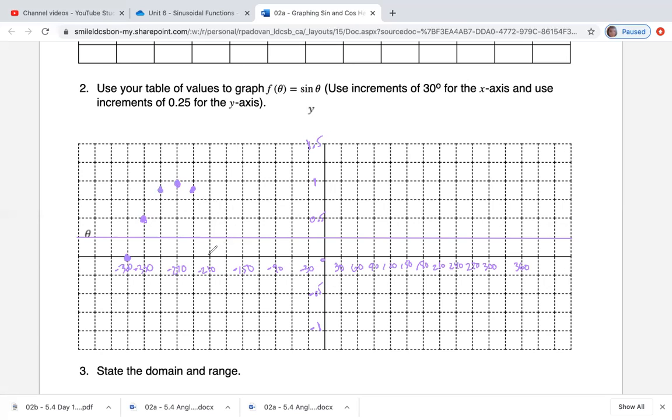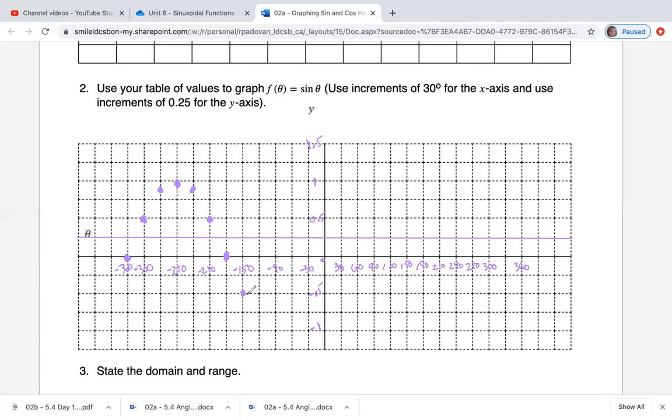Negative 210 and 0.5. Just reading this off the graph. And then back to negative 180, which is this one, and 0 on the y-axis. And then I'm going down to negative 150 and negative 0.5.